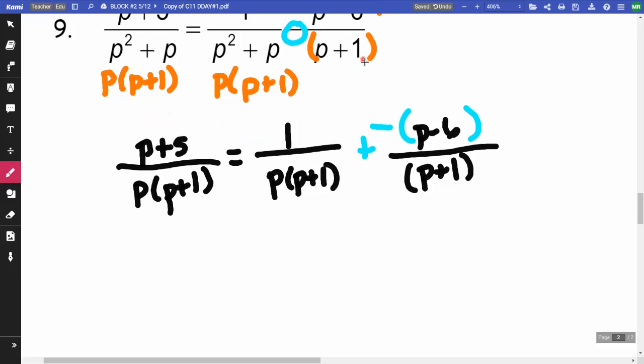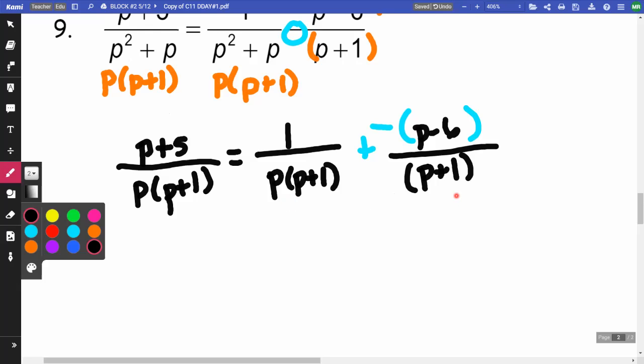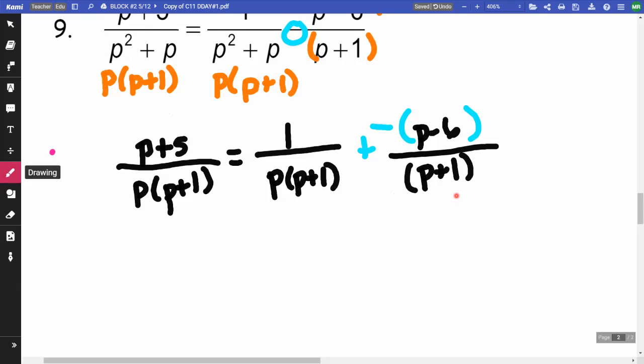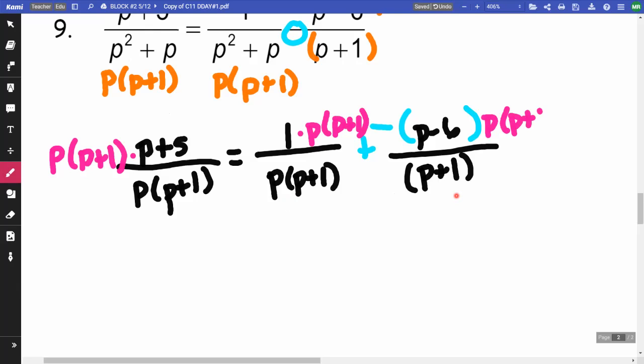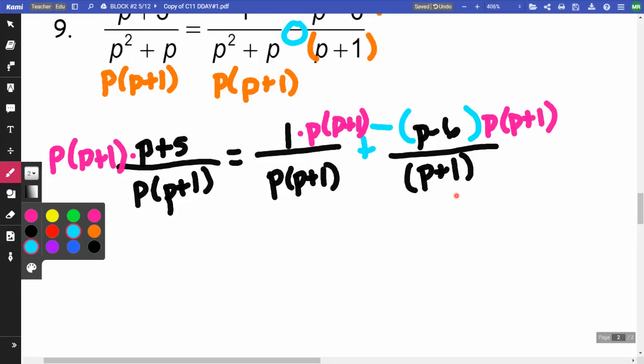So I want to get rid of this p plus 1. Again, here's another p and p plus 1, and here's a p plus 1. So I'm going to multiply everything by p times p plus 1. Our goal is to get rid of our denominator.